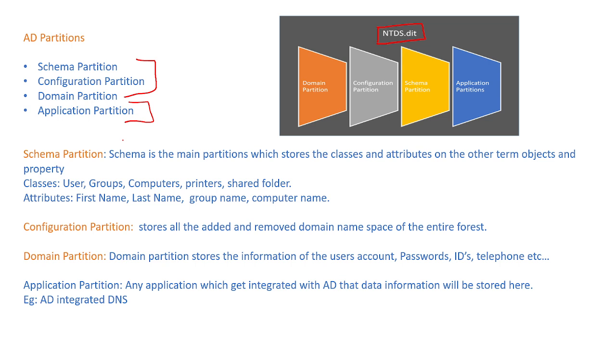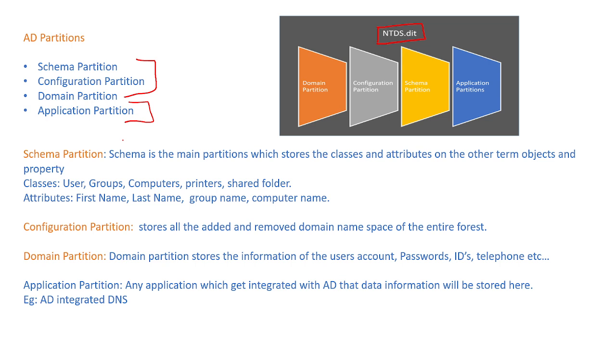When I enter www.facebook.com, please convert that to the IP address, maybe 192.168.1.10. So when I type www.facebook.com, the DNS will go and check inside it: is there any record called facebook.com? If it is there, what is the IP address associated with that? Yes, it will retrieve the IP address from there and give it to us. For such kind of applications, data will be stored in the application partition.